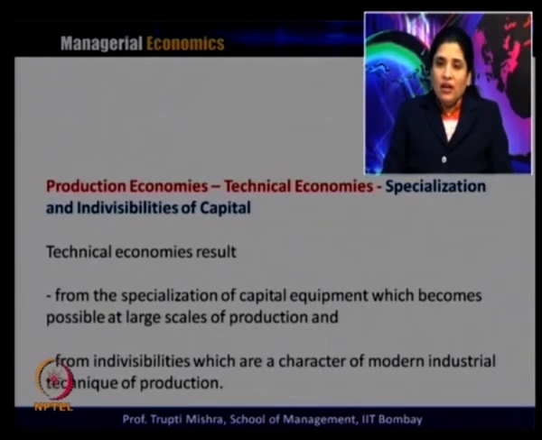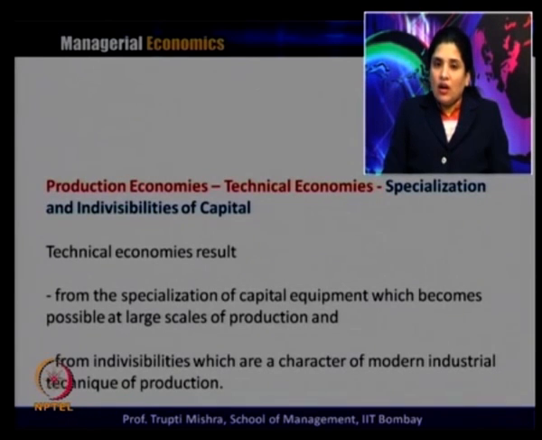If you look at the machine, the assignment is specific to the machine. So, it is like the specialization of labor. Similarly, the specialization of capital equipment or machines becomes possible at a large scale of production, not at a small scale of production. And when it is possible at a large scale of production, obviously it leads to productivity.